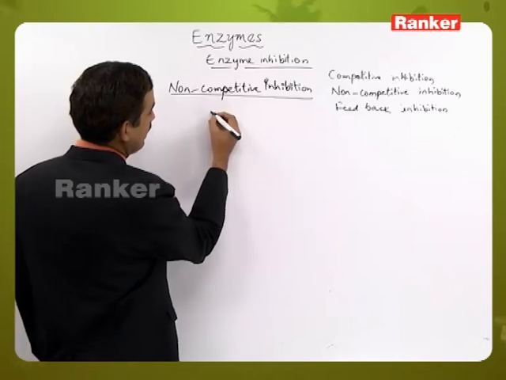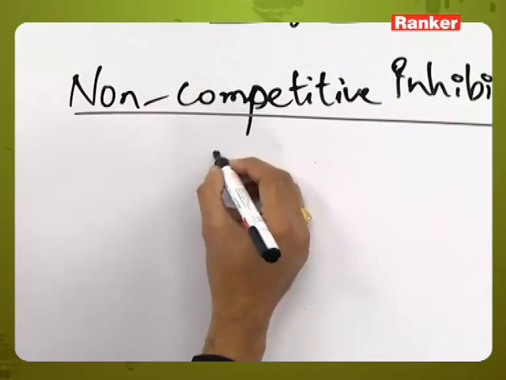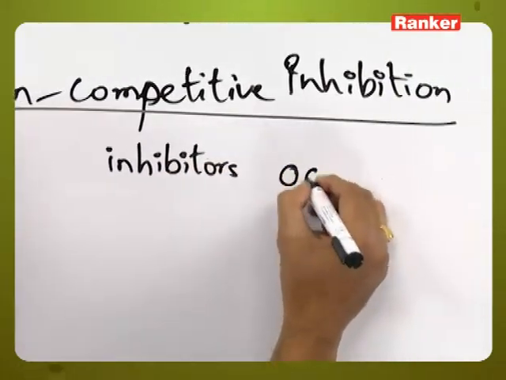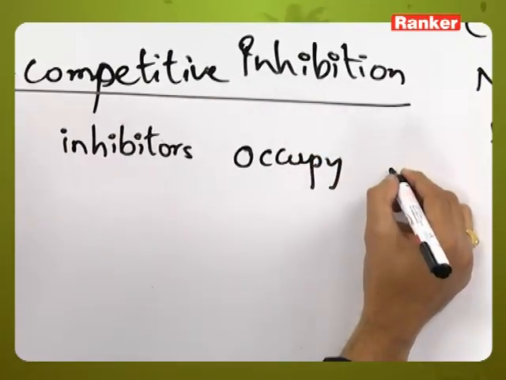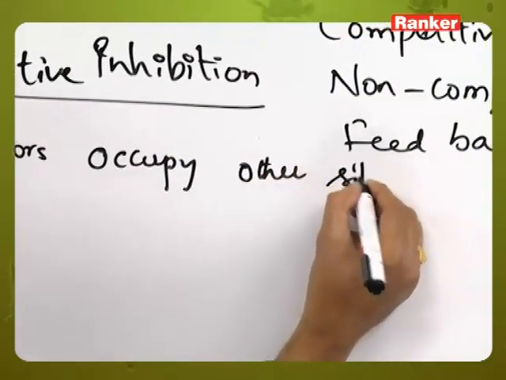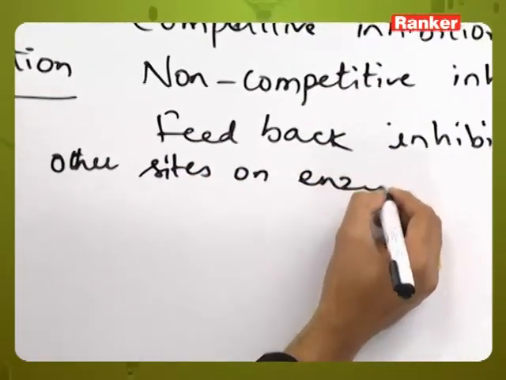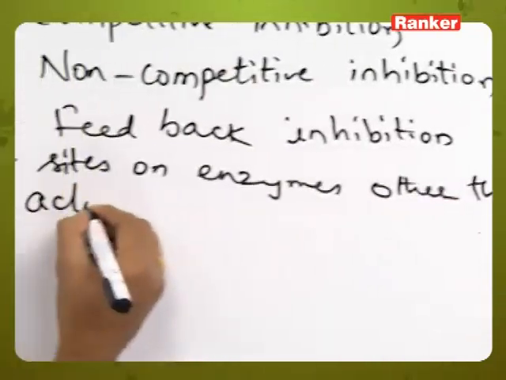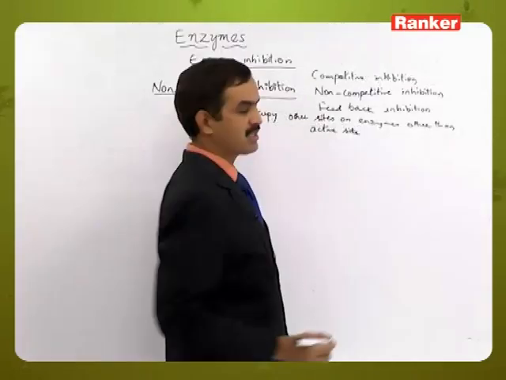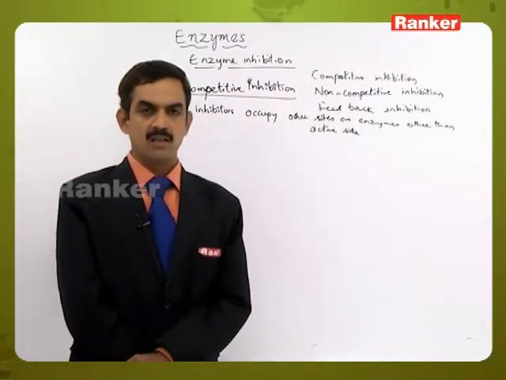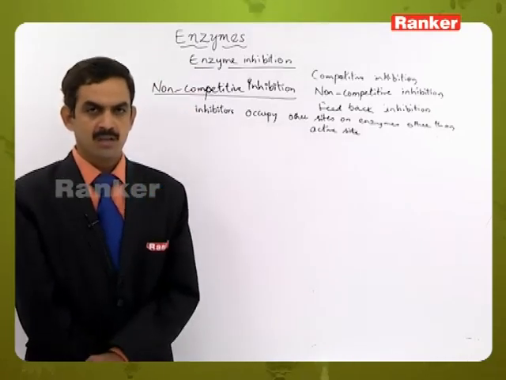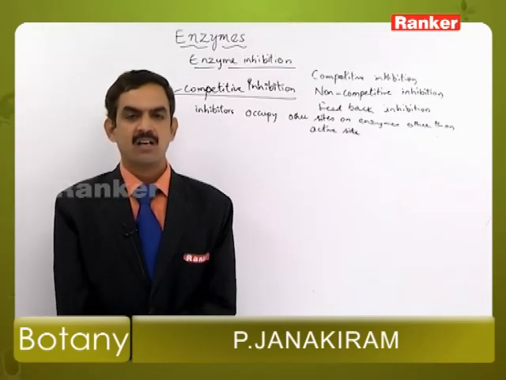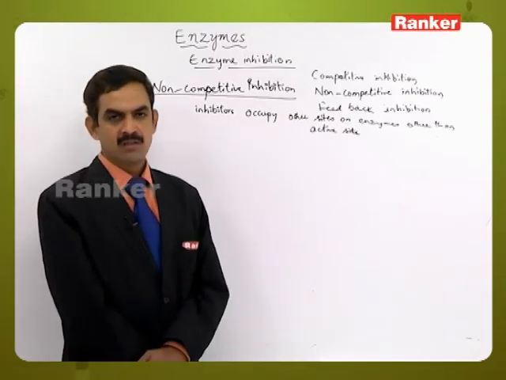And one more thing, these inhibitors occupy other sites on the enzyme other than the active site. That is the difference, because in the competitive inhibition, the inhibitors are structurally similar to the substrate molecule and they are occupying the active site only, making the active site unavailable to the substrate molecule.